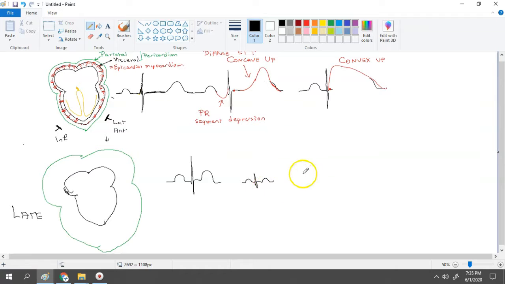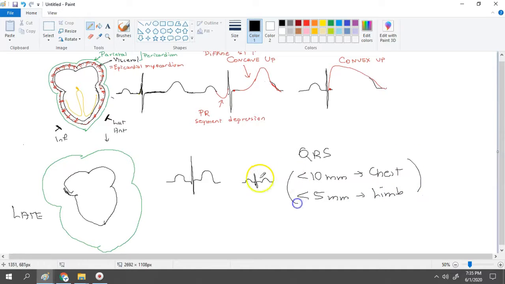Low voltage complexes are defined as your QRS complex being less than 10 millimeters in the chest leads and less than 5 millimeters in the limb leads. If you have very small QRS complexes, that usually denotes that the patient has a large amount of fluid around the pericardium. In late stages of pericarditis, low voltage complexes are the classic finding on ECG.